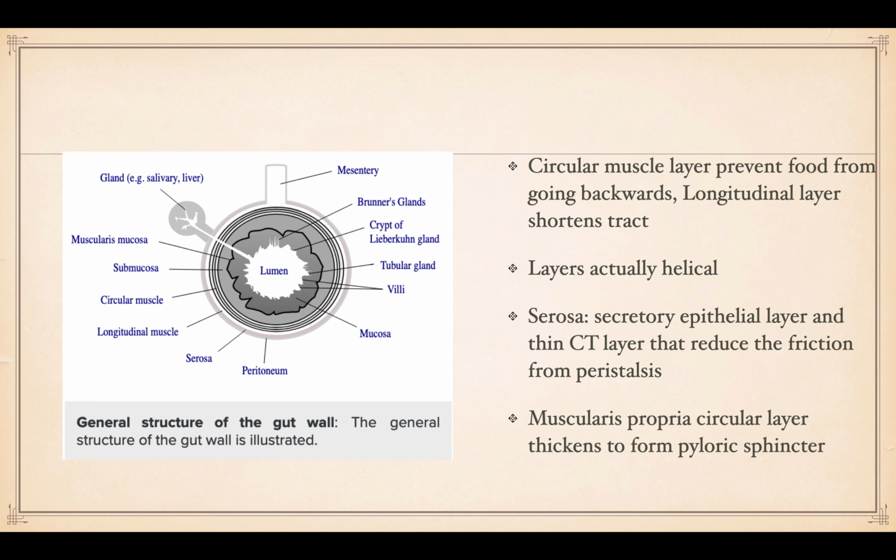So the circular layer will prevent the food from refluxing, and then the longitudinal layer will inchworm the food through. The layers are like spiraled. And then the serosa has a thin connective tissue layer that reduces the friction from peristalsis. And then at the pyloric sphincter, the muscularis propria, the circular layer is going to be a lot thicker.